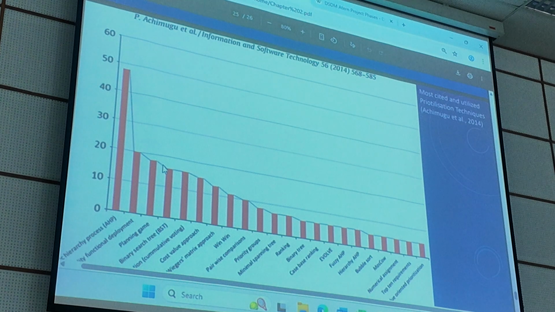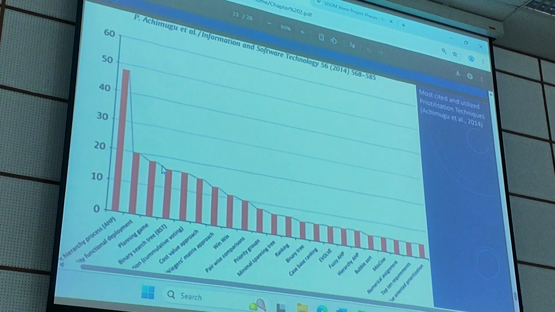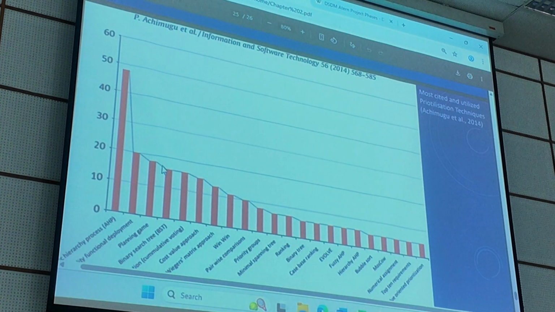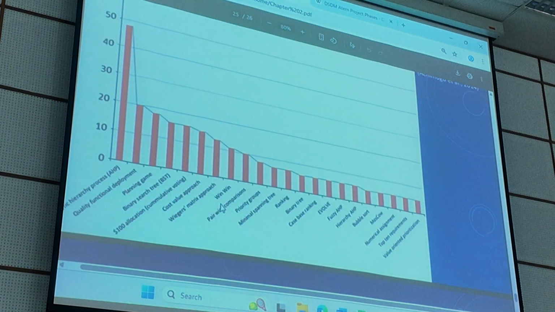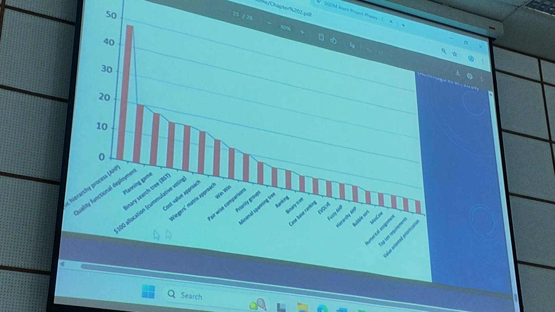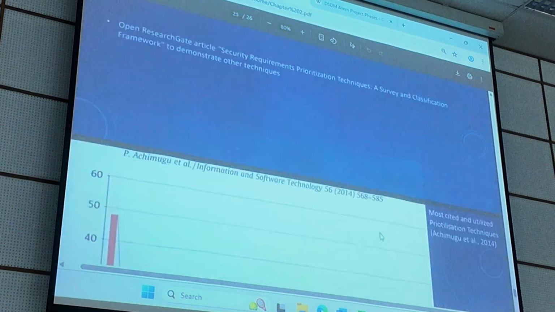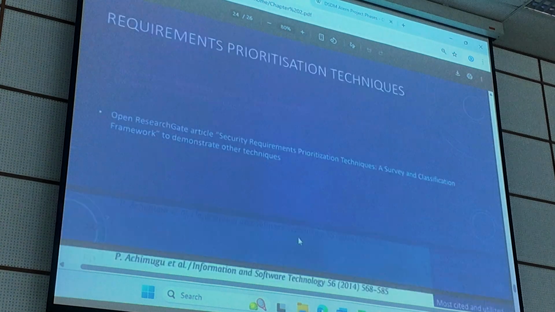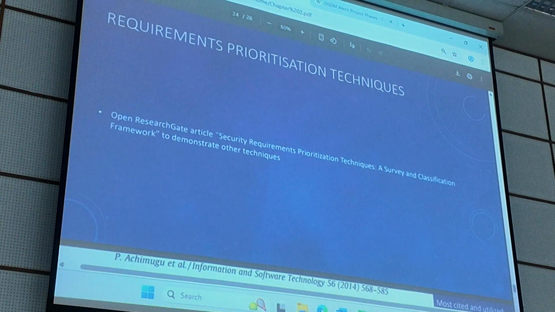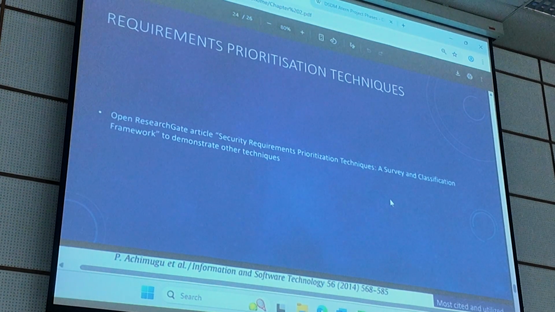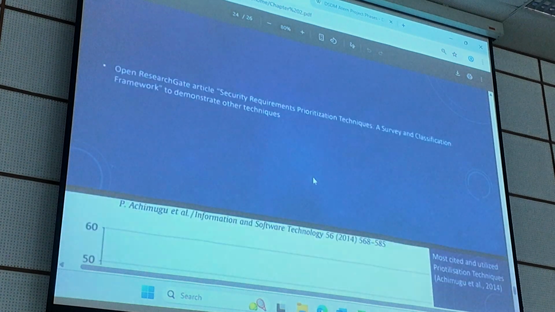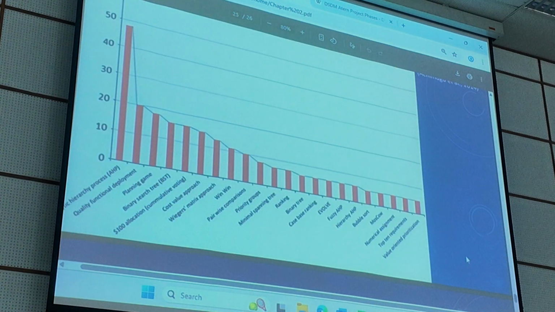Most cited means that most people are concerned with this technique, followed by quality functional deployment, planning game, and so on. So these are a list of prioritization techniques. If you want to know more about each of these, they are quite difficult also. You can refer to this journal, which is a review paper, for all these techniques.